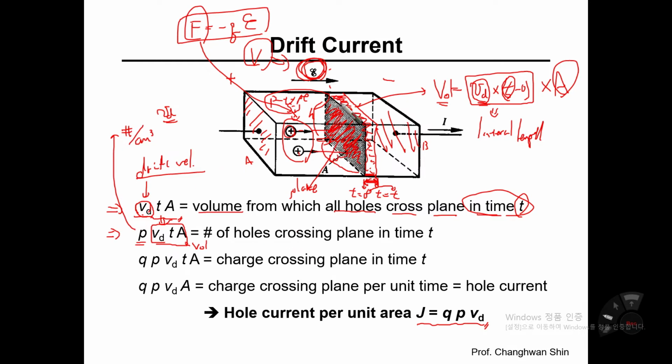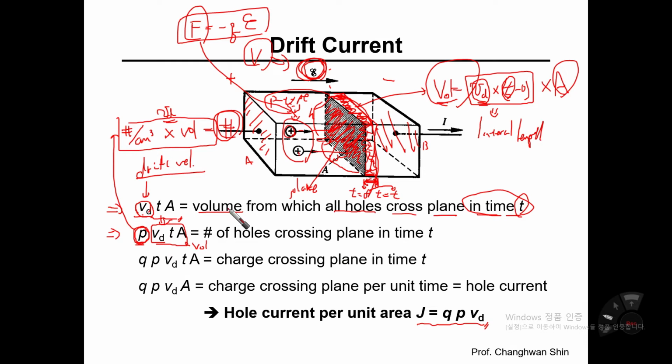But here, the volume that we are interested in is this guy. So given a hole concentration times the volume that we are interested in, it gives us what? The total number of holes in that volume, right?